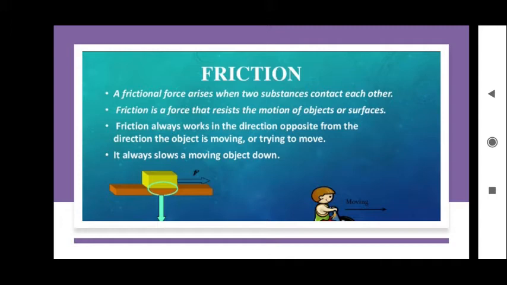And this frictional force always works in the direction opposite to the direction of the object moving or trying to move. So it always slows down the moving object. Whenever the frictional force is there, it will try to slow down. Slow and steady, it stops the moving object. So this is all about the meaning and definition of friction.